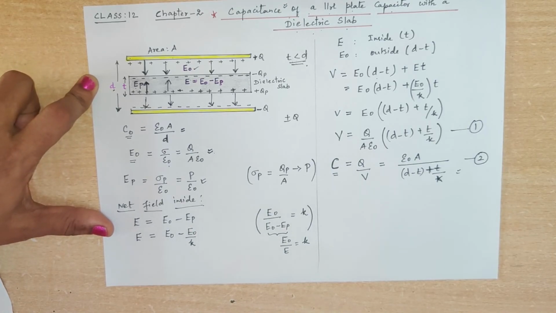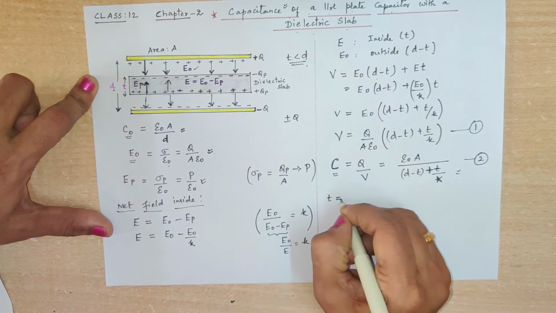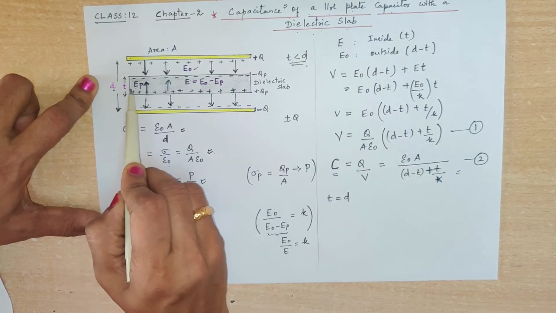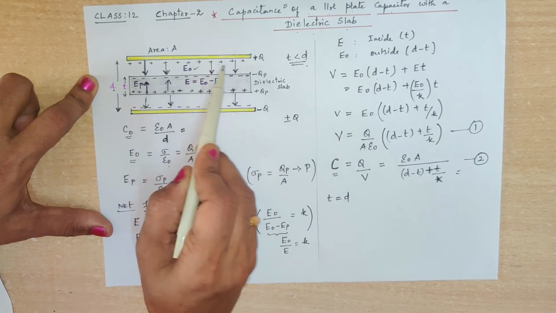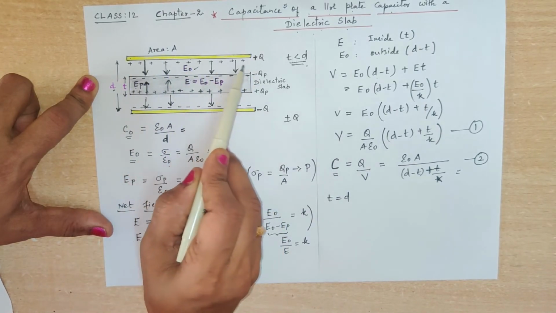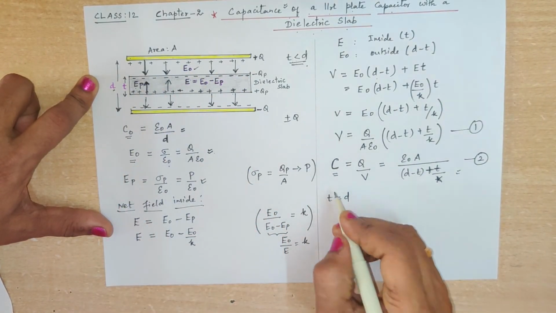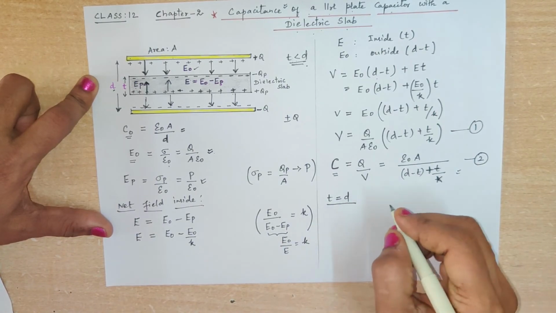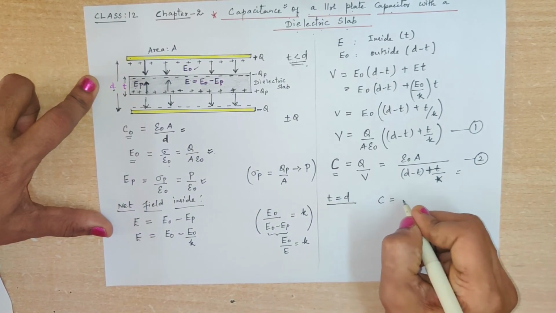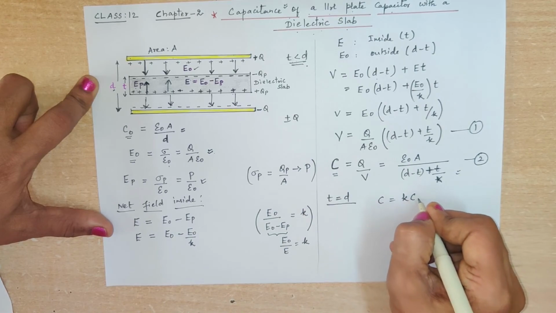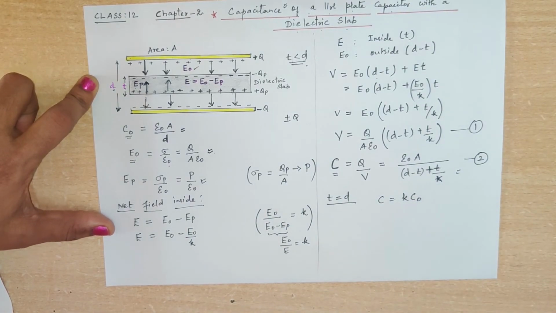So what do we understand from this? When T is equal to D, that is, when the dielectric slab fills the entire space between the two plates, C is going to be K times C naught. You can substitute and check the answer.